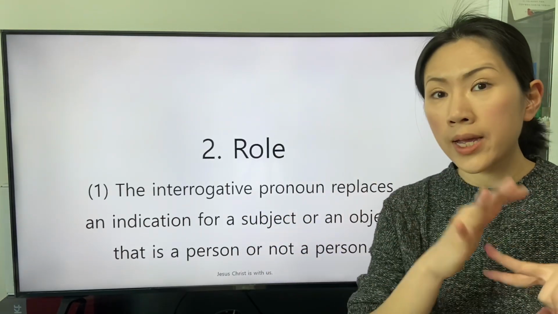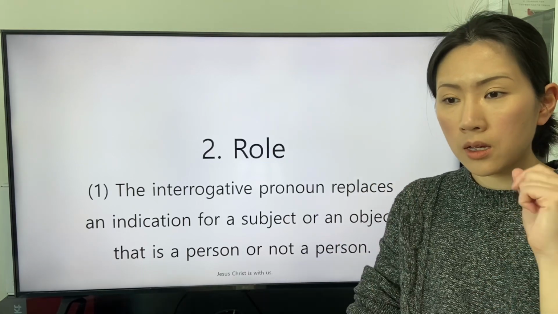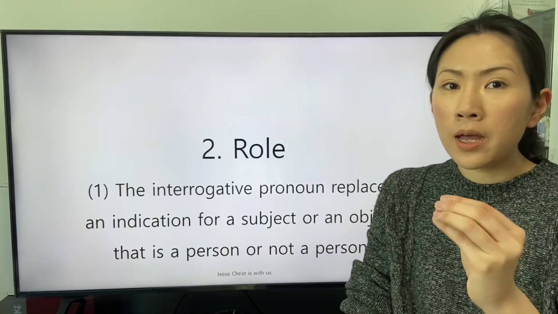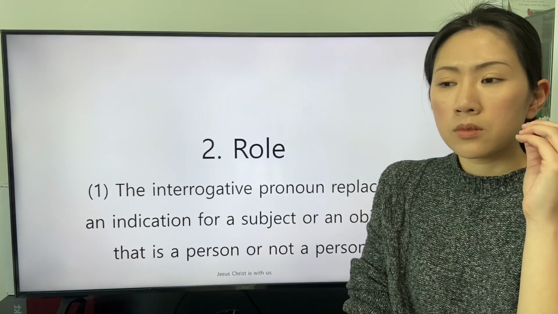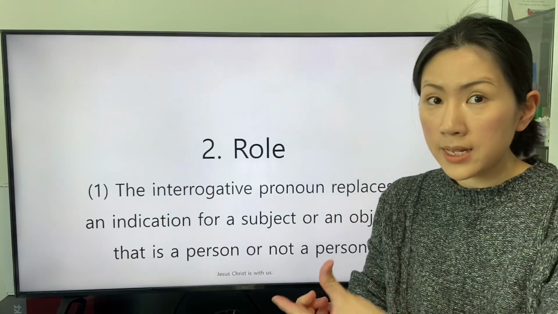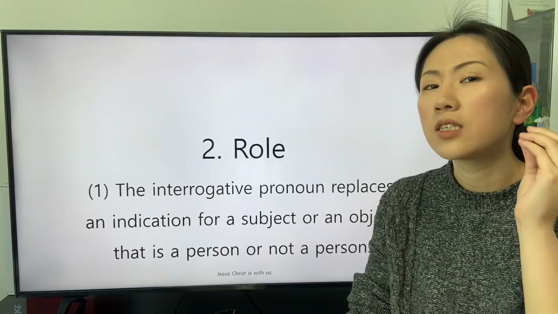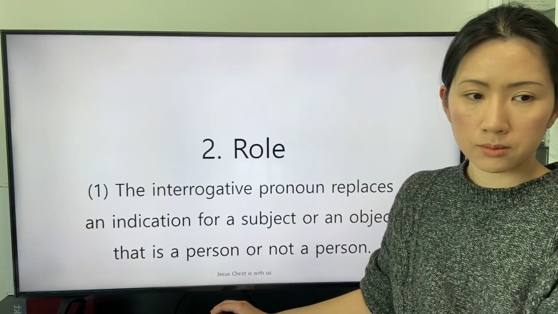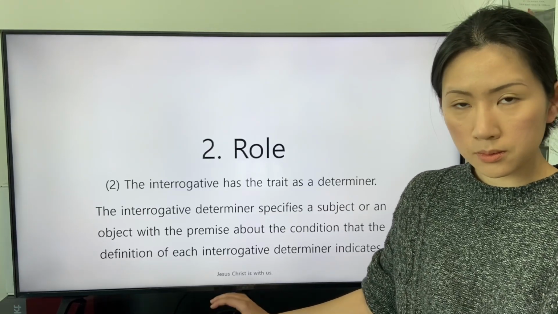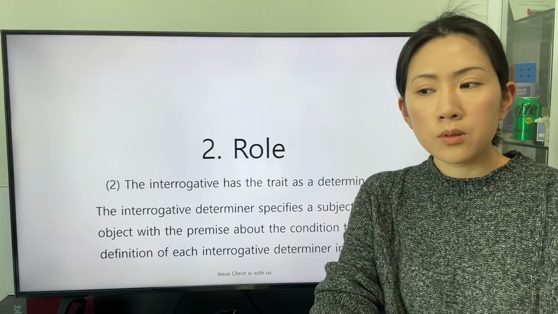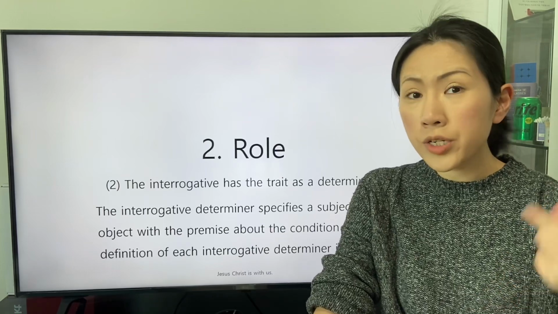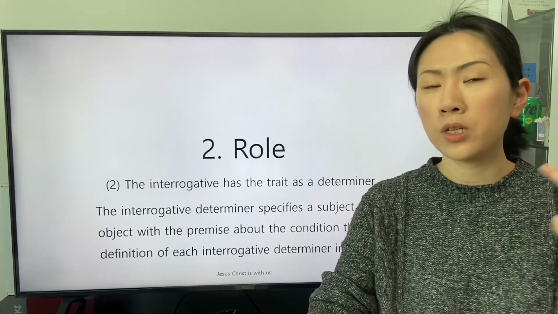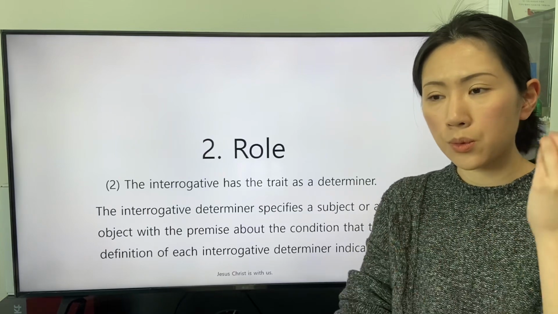The second way is about the subject or object not as a person. The sort of the interrogative will be differentiated.